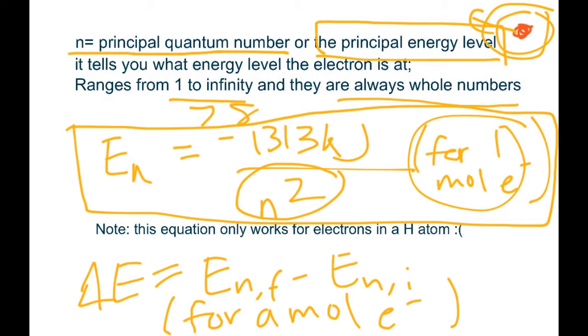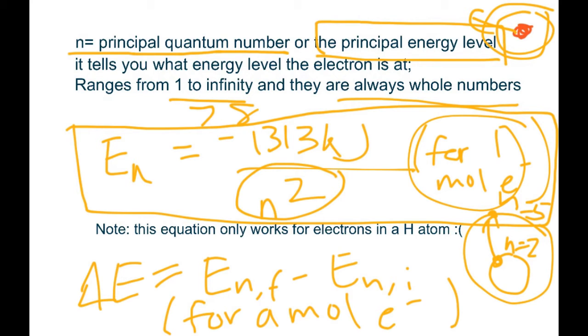Let's talk about another thing. What if an electron went from one energy level to another? If an electron goes from an energy level of n equals 2 to a higher energy level of n equals 5, the electron will have to absorb energy, and the change in energy will be positive since the electron is gaining energy, so it's adding energy.